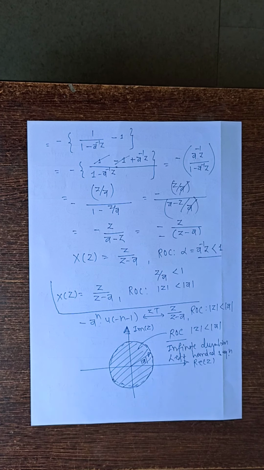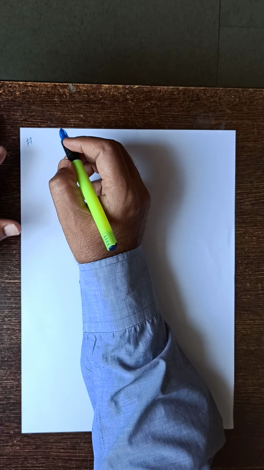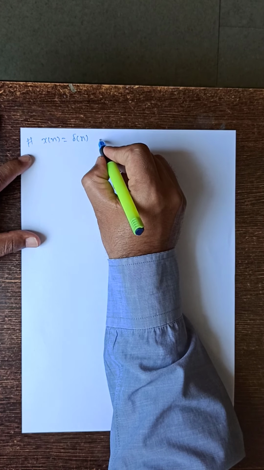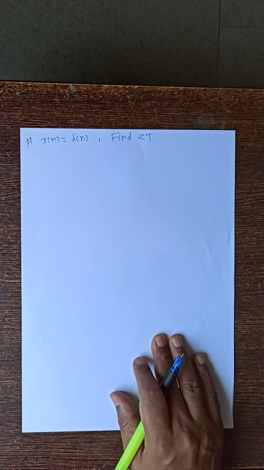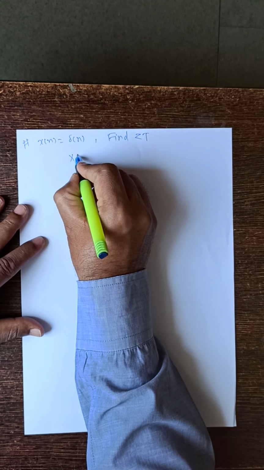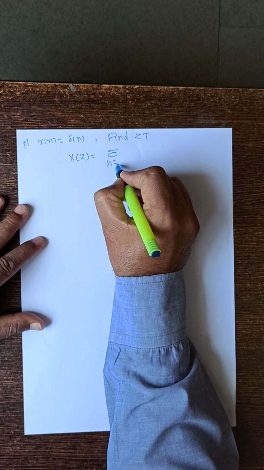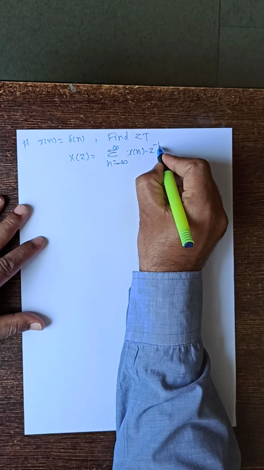So one more example we'll see. Let it be example number 2. If x(n) is equal to delta n, find the z transform. Simple thing. Write down the equation of X(z). X(z) is equal to summation n equals minus infinity to plus infinity x of n z raised to minus n.